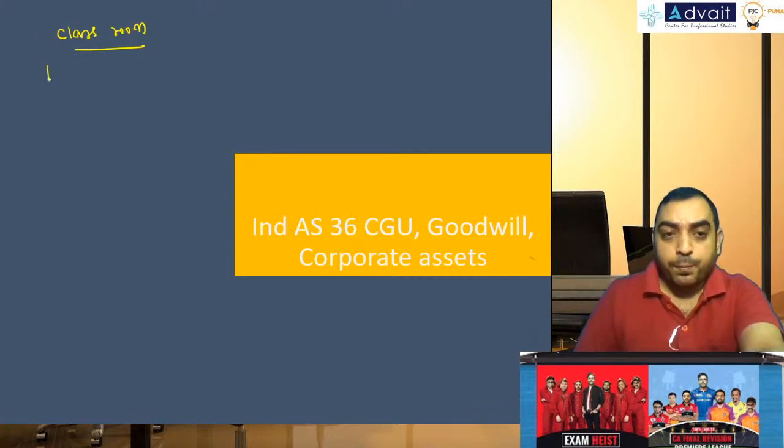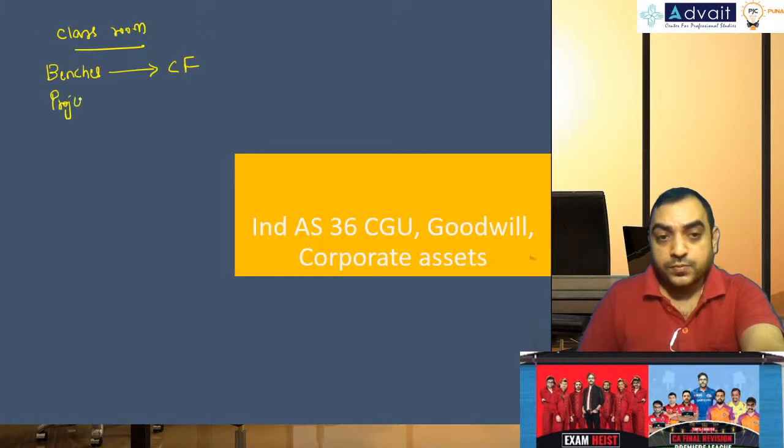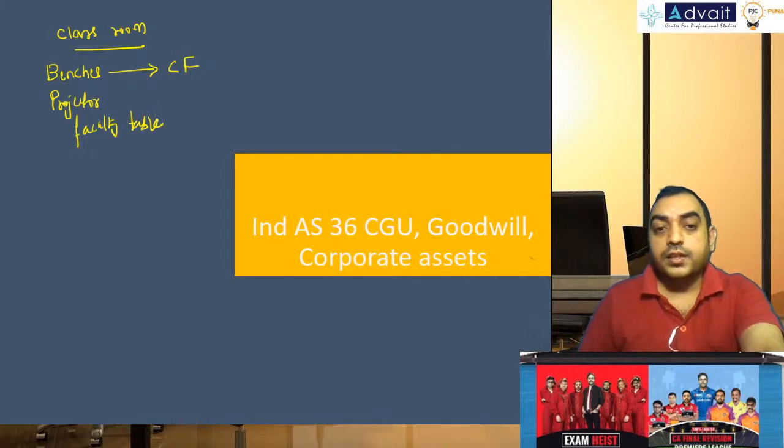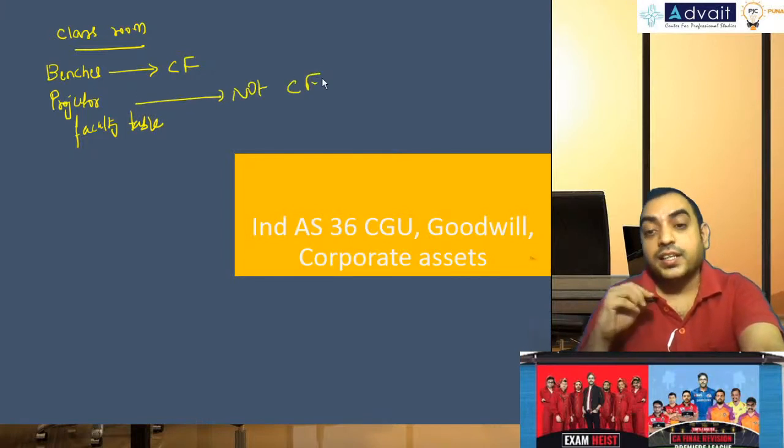In a classroom, benches and chairs are there, of course. Chairs and benches generate cash flow. What about the projector? What about the faculty table or podium? They don't have independent cash flow.